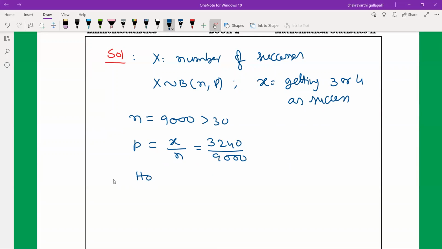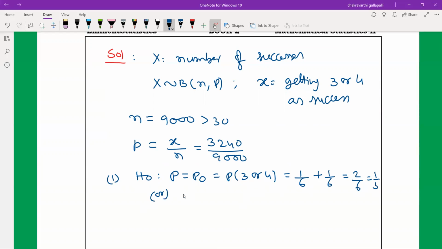Here, H naught is very, very important. Step 1, H naught: there is no difference between sample proportion and population proportion, that is P is equal to P naught. Now what is P naught here? Getting 3 or 4. Suppose the die is unbiased, the probability of getting 3 is 1 by 6 and the probability of getting 4 is 1 by 6. That is 2 by 6, equal to 1 by 3.